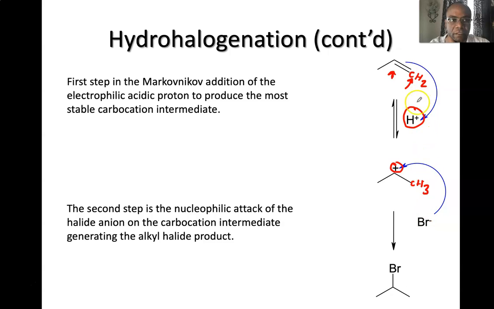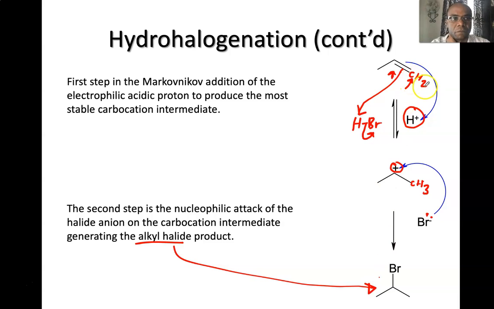And then if this was HBr, just doing the same thing as a blue arrow, the Br would fall off. So the Br would come back to attack the positive center. You get what we call an alkyl halide.